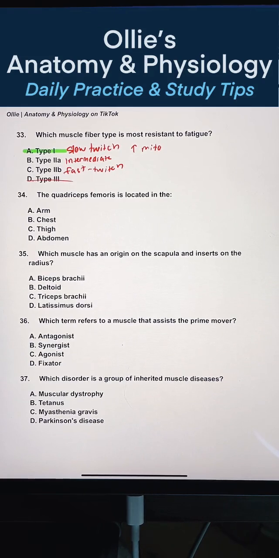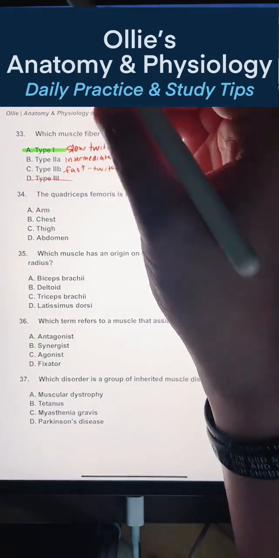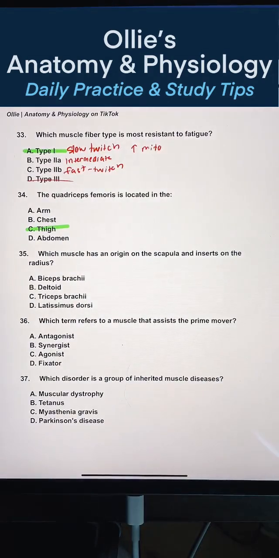The quadriceps femoris is located where? It is going to be in your thigh. So remember that the quadriceps femoris, that is a large muscle group in the anterior thigh that is responsible for your knee extension.